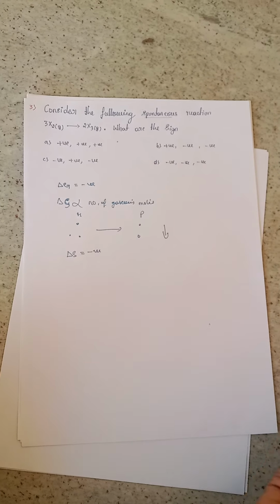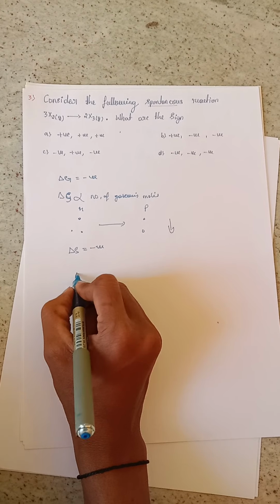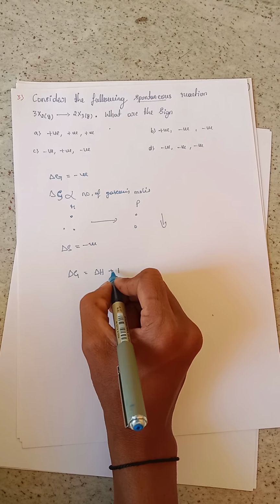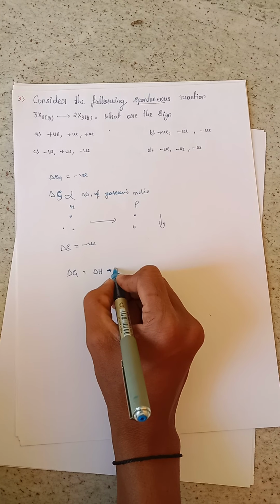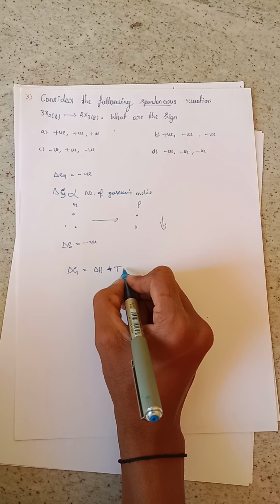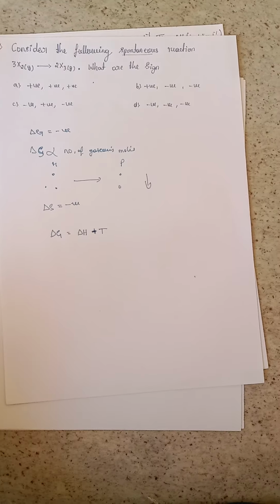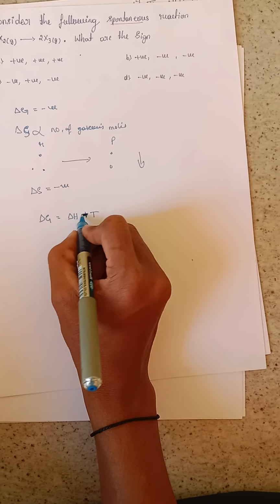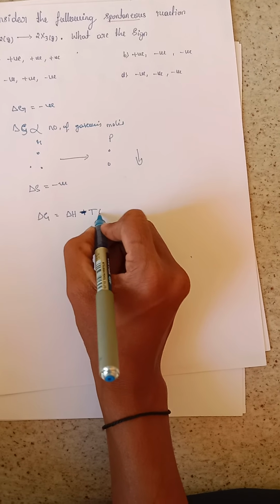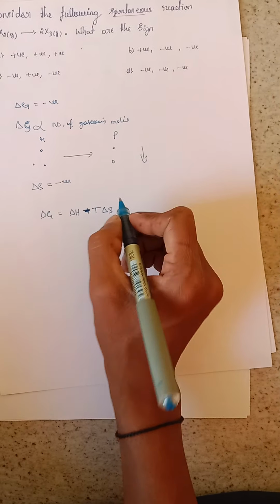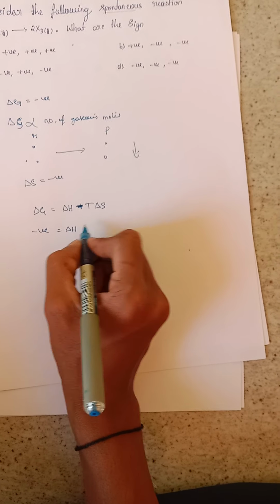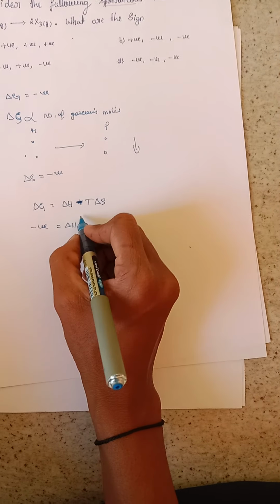Now we know the relation delta G is equal to delta H minus T delta S. Here delta G is negative, delta H we don't know.